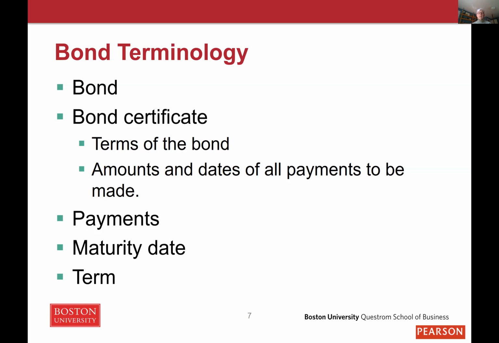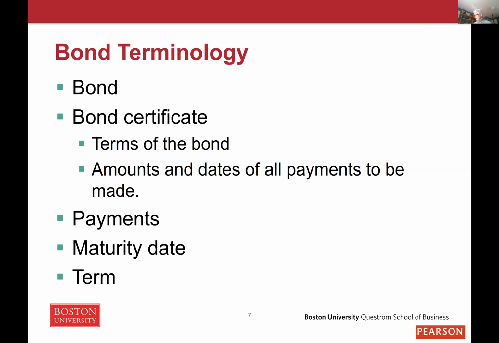The payments in a bond are the coupons that get paid periodically and the face value that gets paid at the very end. One of the things we're going to be doing today is working out the timeline and making sure that you understand exactly what goes on that timeline. When you have a coupon bond, because the coupon is the same each time, what you have is an annuity.